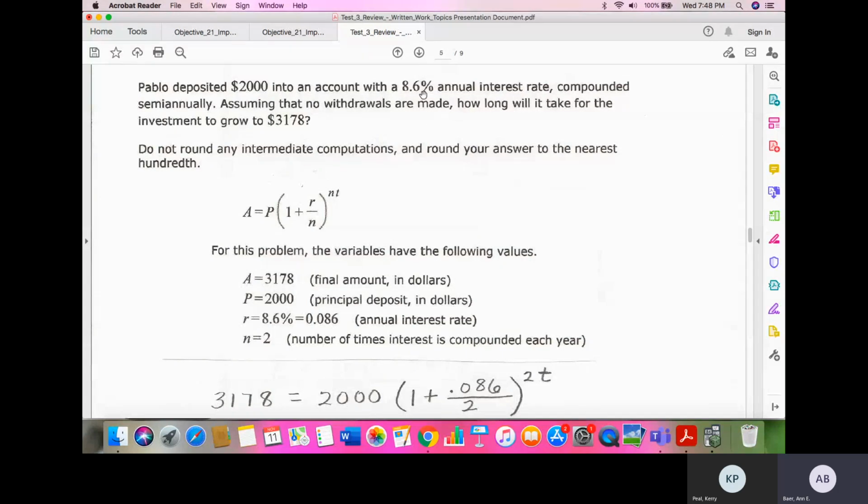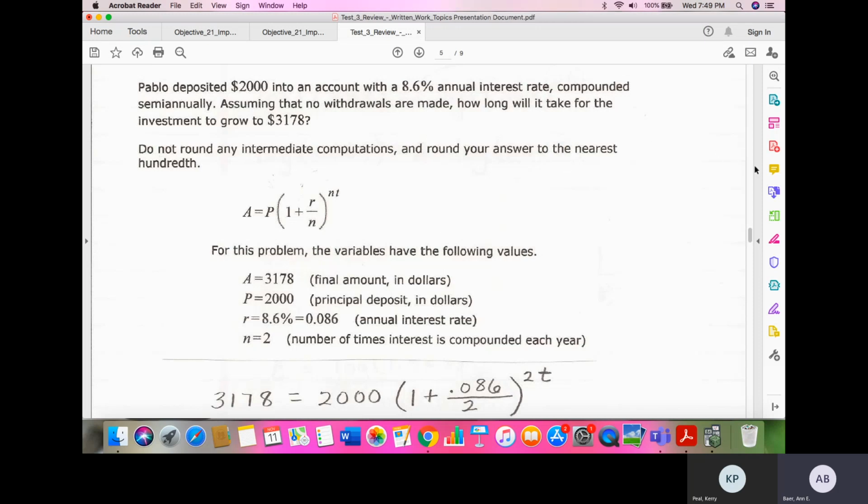There are a couple ways you can do this. You can ignore the percent sign, take the decimal point and move it 2 places to the left. So you would move it once to get 0.8, once again to get 0.086. So you would want to use 0.086, that decimal.